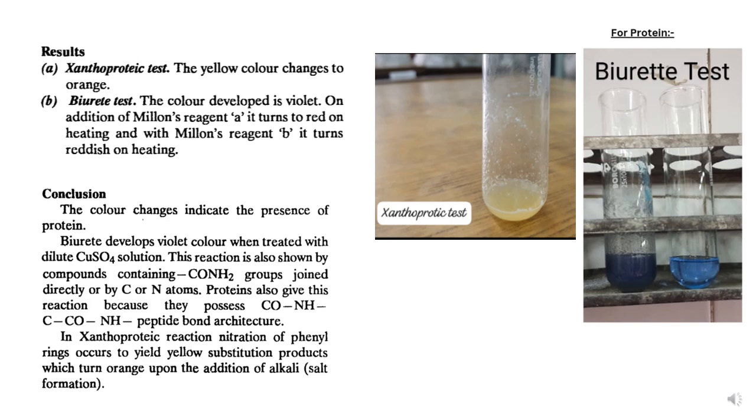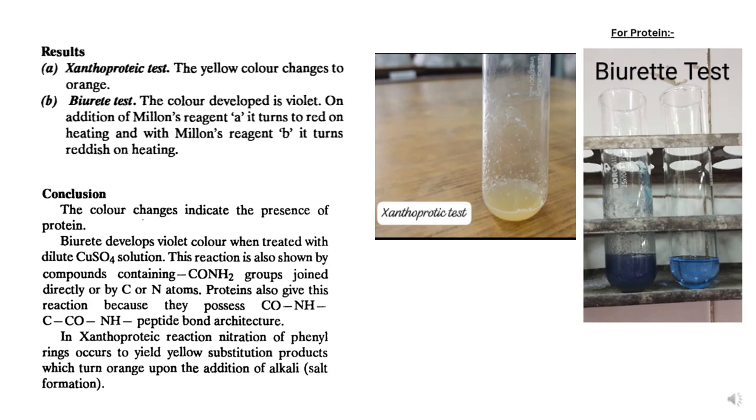So what is our conclusion? The color changes indicate the presence of protein. Biuret gives a violet color when it is treated with dilute CuSO4. This reaction is shown by compounds having CONH2 groups joined by C or N atoms, and all proteins give this reaction because they possess a CONH peptide bond architecture.